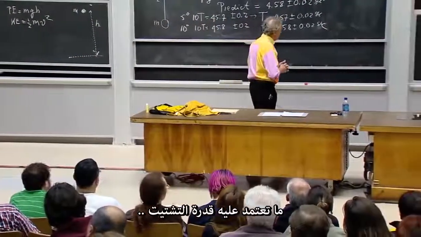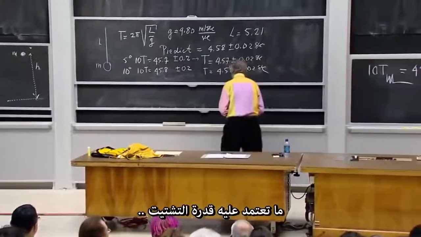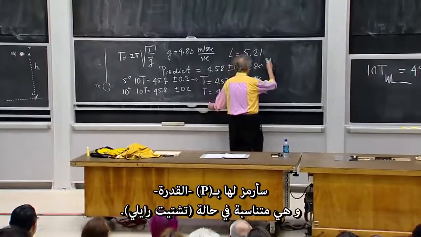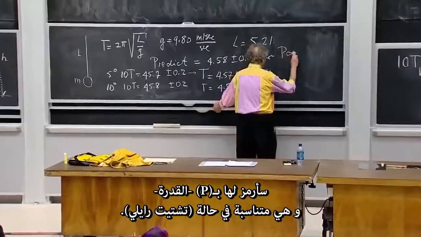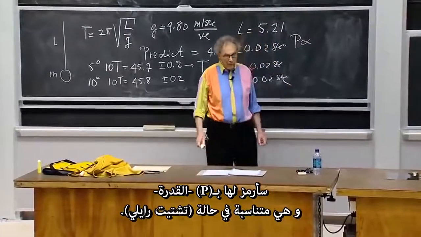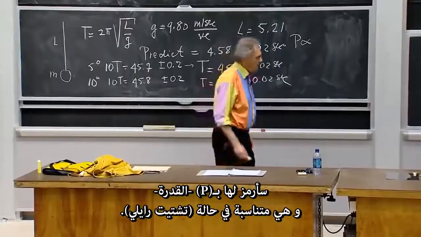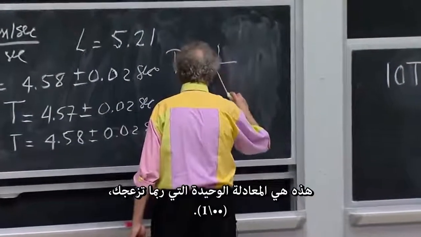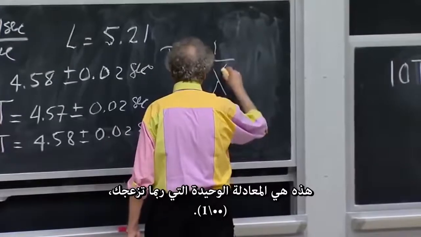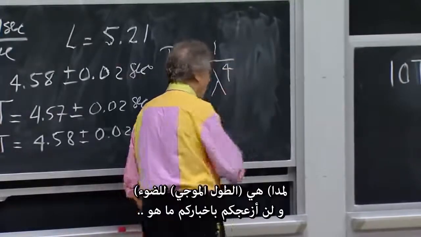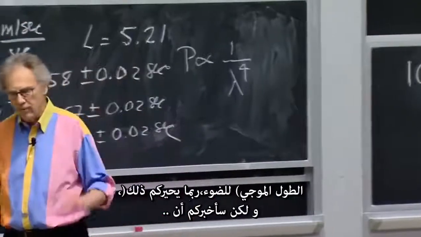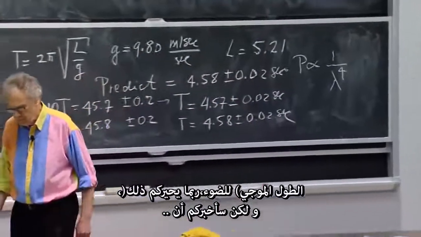The power of scattering, so I'll call that P, is proportional, when we have Rayleigh scattering, and this is the only equation that may bother you, to 1 over lambda to the 4th, and lambda is the wavelength of light. I will not bother you to tell you what the wavelength of light is. That may confuse you.